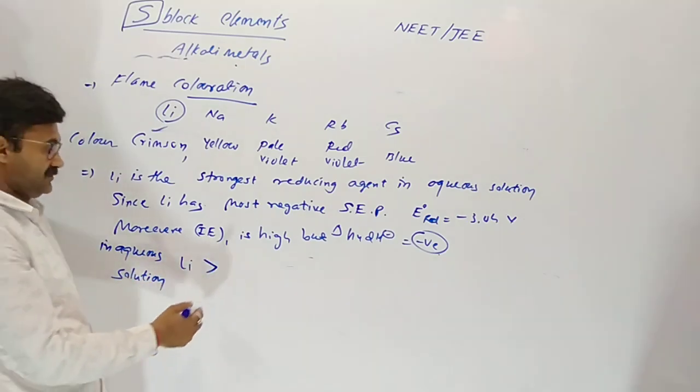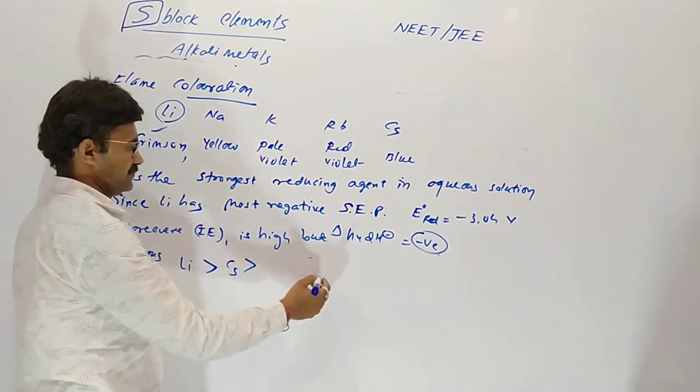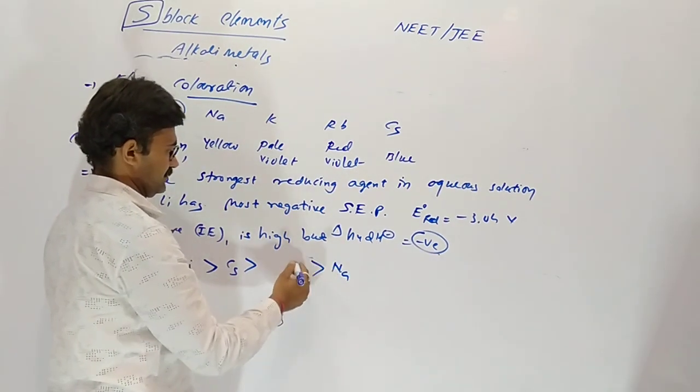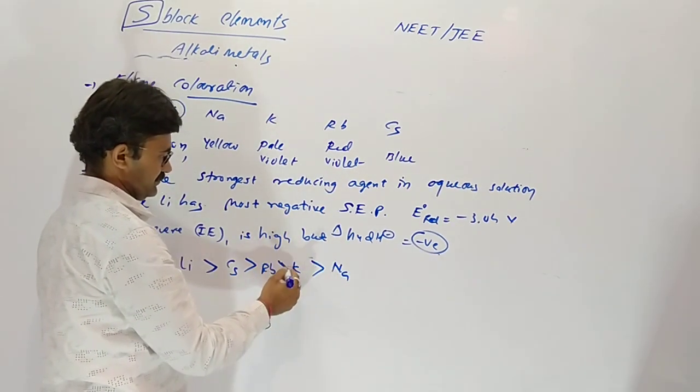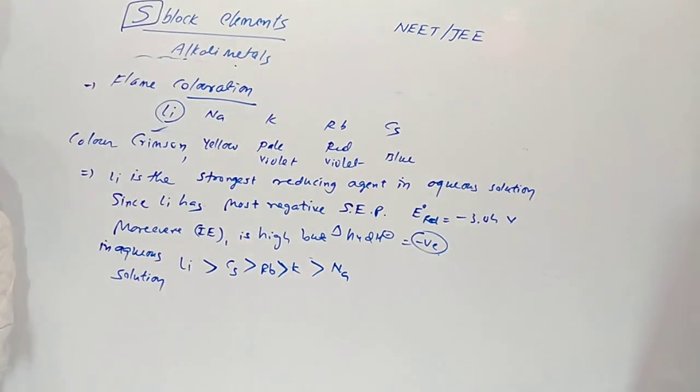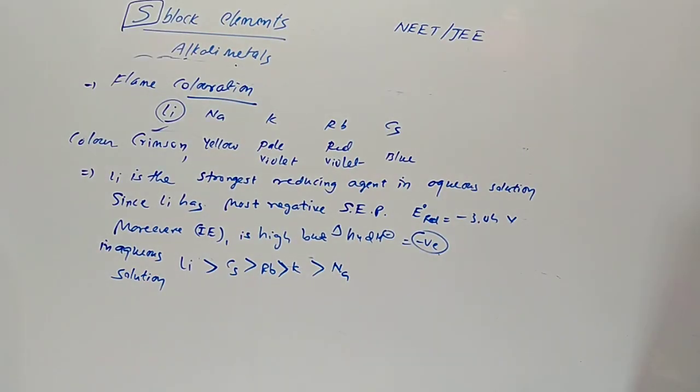The order for group number 1: highest reducing agent is lithium, then cesium, rubidium, potassium and sodium.